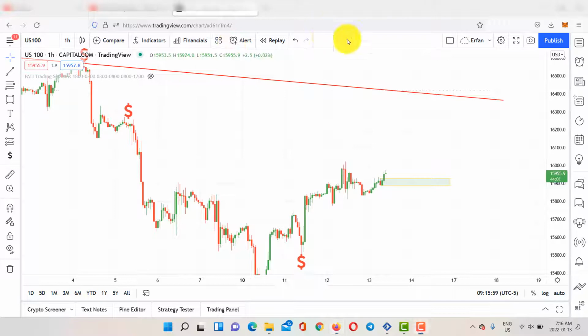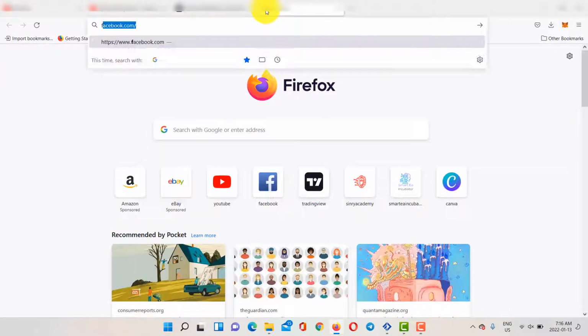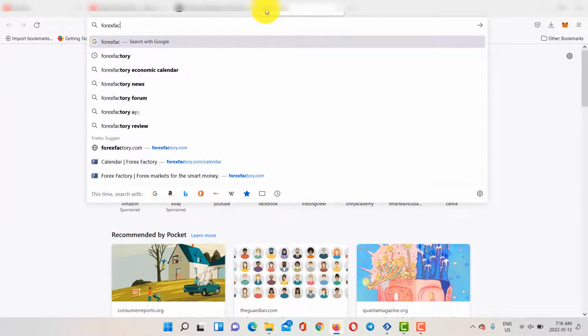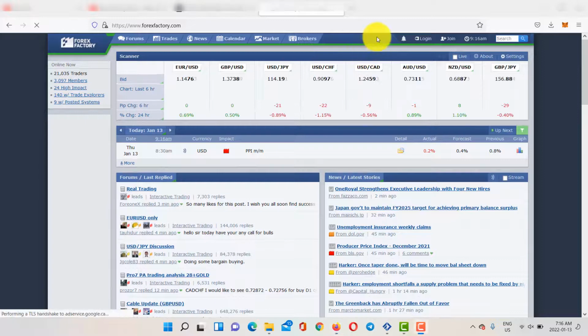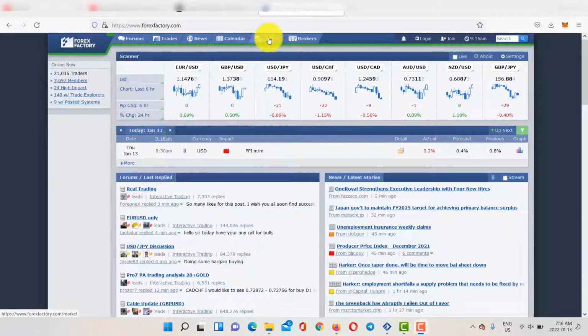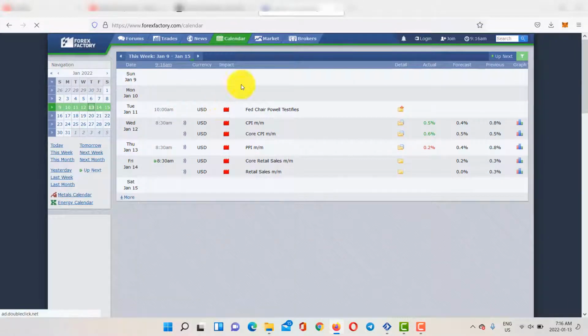But before that, I would like to go to forexfactory.com to see if you have any upcoming news. It's very important to always stay updated for the news, guys. You don't want to trade in fundamental news because it's very, very volatile.